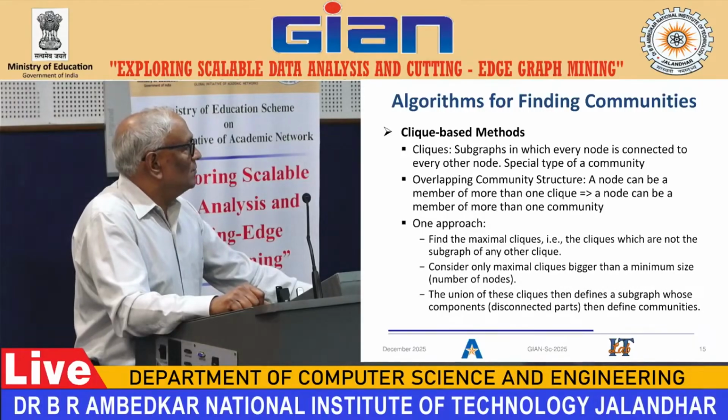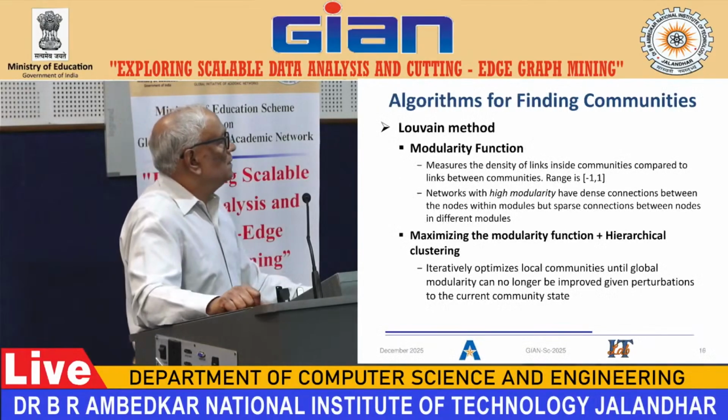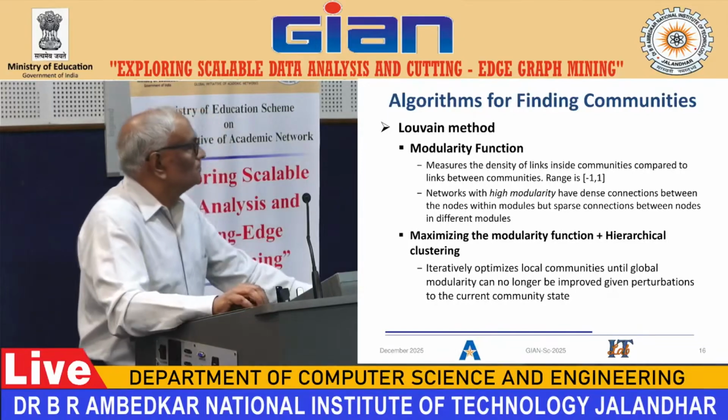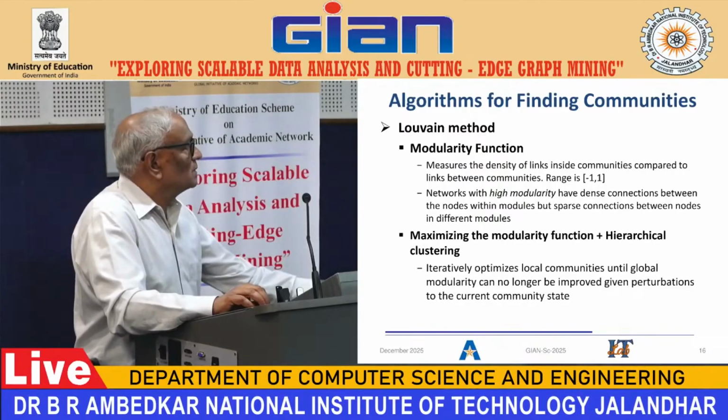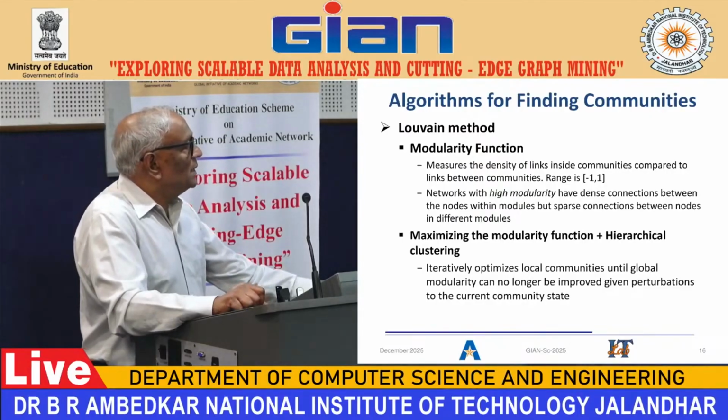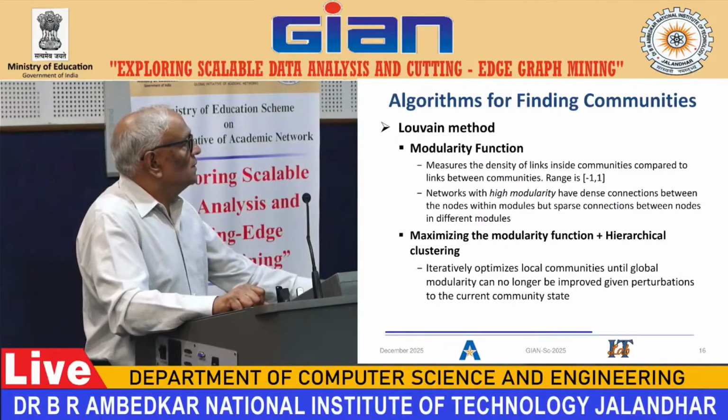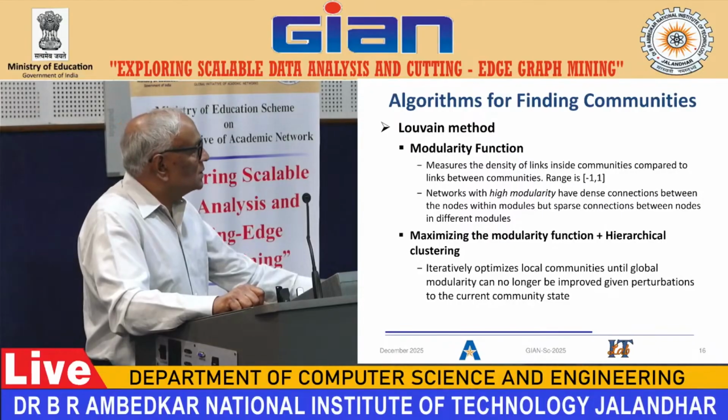So the Louvain method, as we said, uses the modularity function and maximizes the modularity. This is the optimization function. It measures the density of links inside communities. Networks with high modularity have dense connections between the nodes.